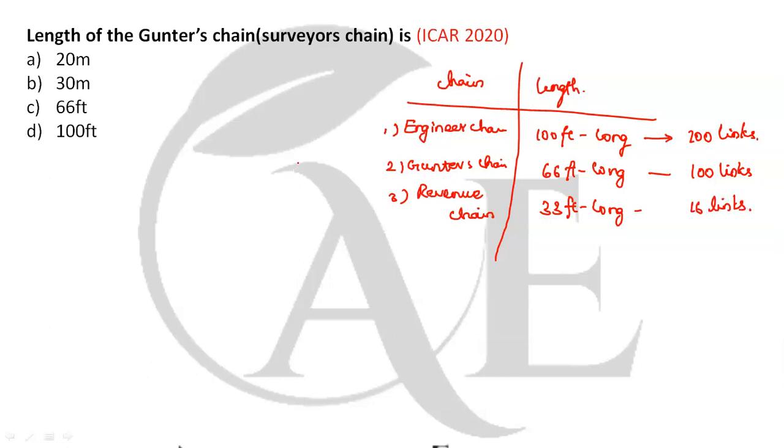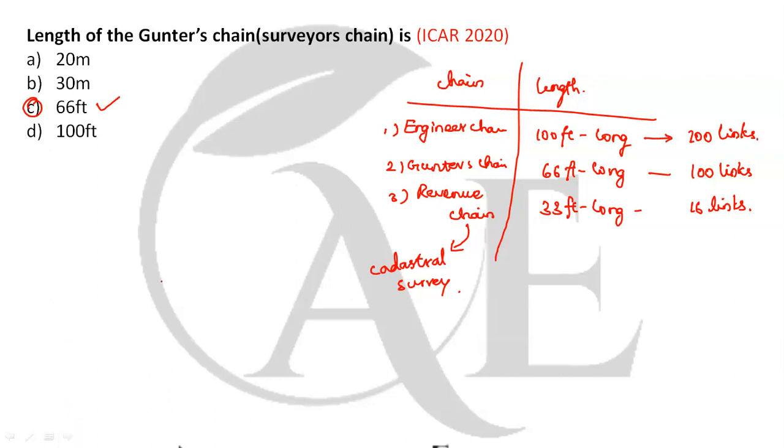So these are the different types of chains. The revenue chain is used for cadastral survey. So here the option is C, 66 feet. The length of the Gunter chain is 66 feet.